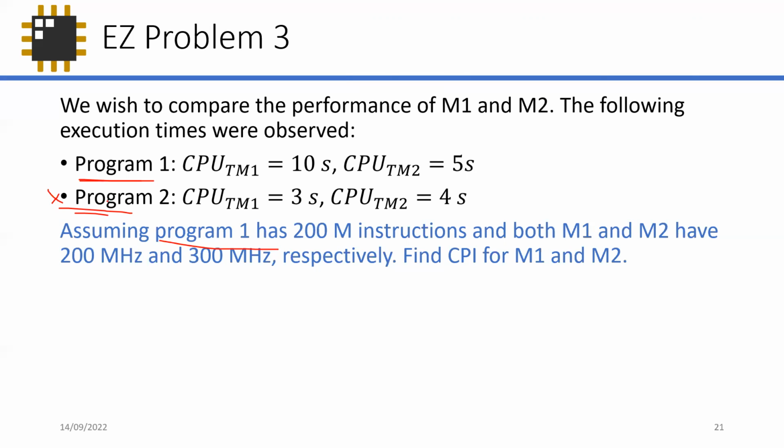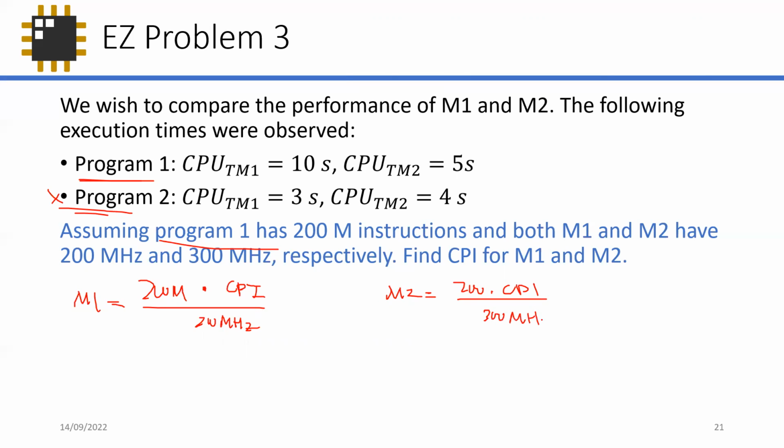I'll solve this for now so that we can go a bit faster. Program 1 has 200 mega instructions times CPI, because we don't know the cycles per instruction, divided by the clock rate. For M1, this is 200 megahertz. For M2, that's 200 mega instructions as well times CPI divided by 300 megahertz.